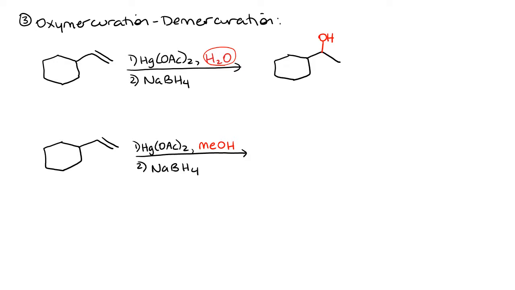Now the product we will get from this is, again, we're going to have our group on the Markovnikov position. But instead of an OH group, we're going to get an OMe group. So it's the same mechanism as we saw in the alkenes chapter. So if you've forgotten that, go ahead and take a look at the beginning part of your book and see how the mechanism proceeds. But this is another way of making ethers.